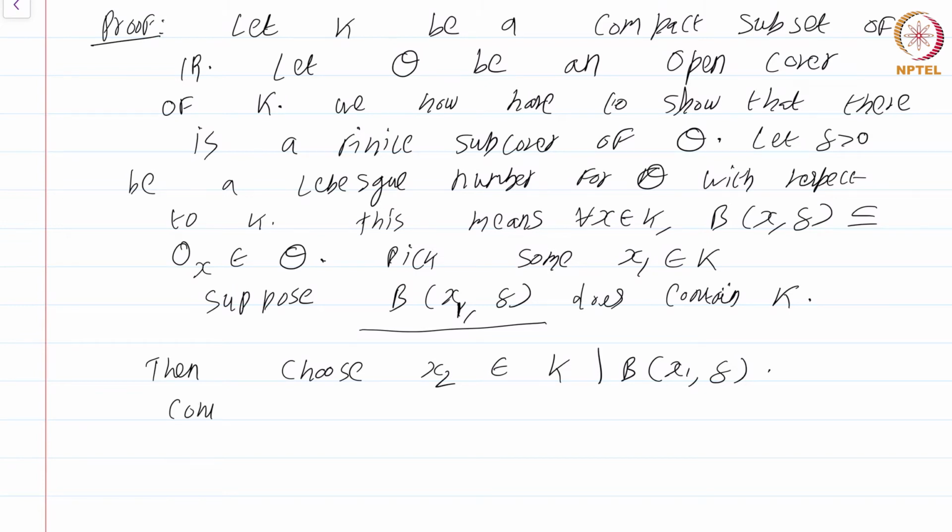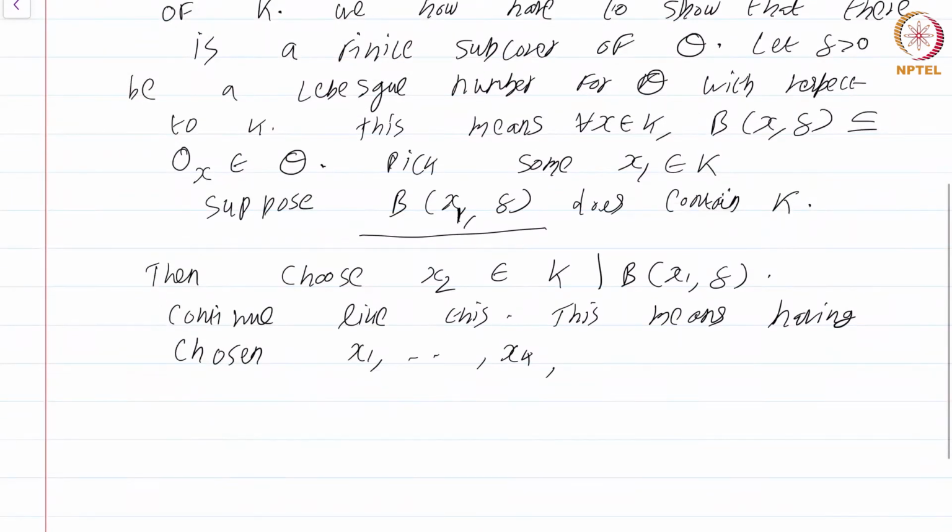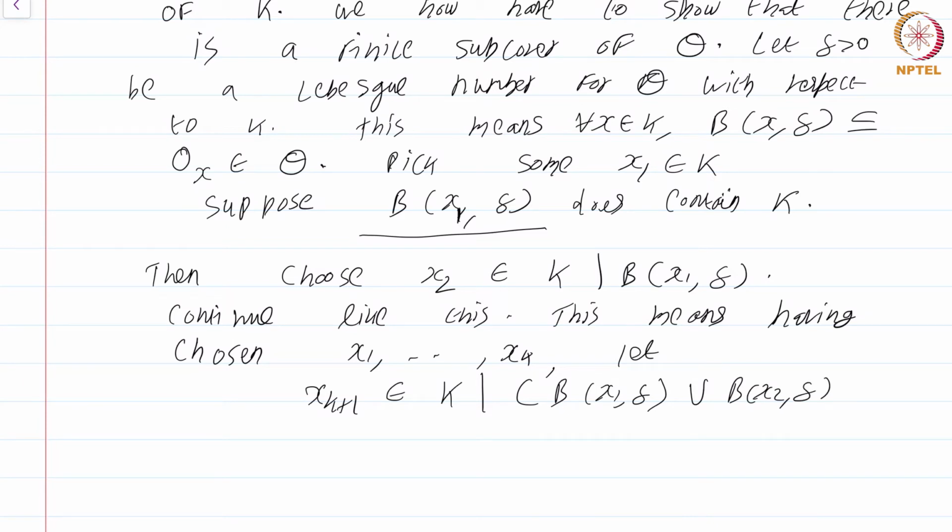Continue like this. This means having chosen x1 to xk, let x(k+1) be an element of K set minus B(x1, delta) union B(x2, delta) union ... union B(xk, delta).